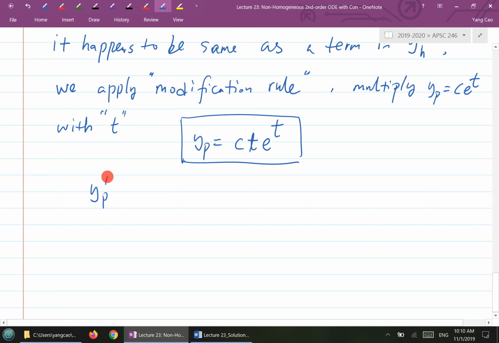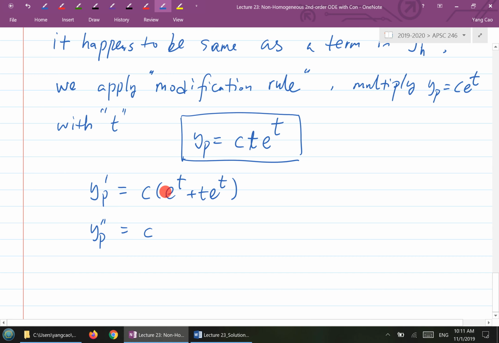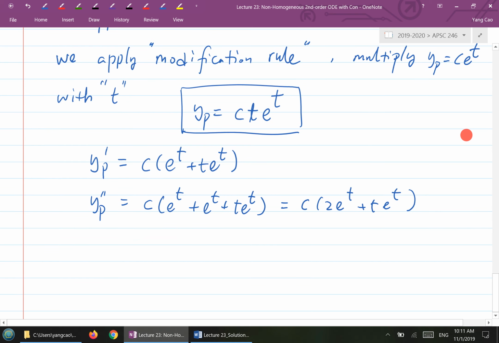Then we calculate YP prime, product rule, YP double prime, more product rule, and substitute YP prime and YP double prime back into the ODE.